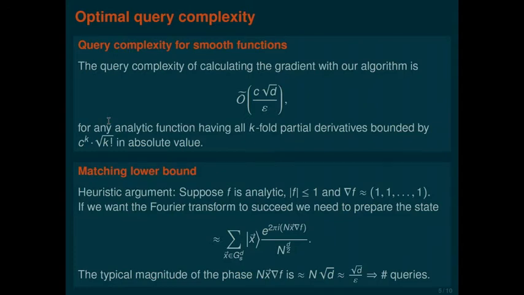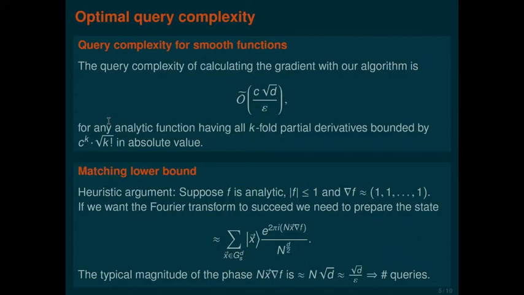And we could also prove a matching lower bound. So our lower bound proof shows that for this class of functions satisfying this requirement on the partial derivatives, you actually cannot solve this problem with fewer queries if you have a phase oracle.